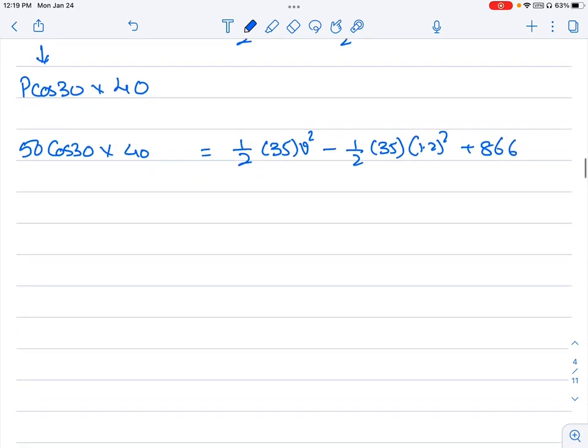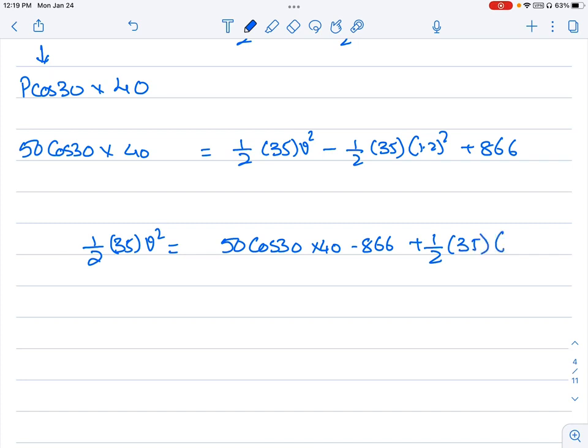So I want the value of v over here. 1 upon 2, 35 times v squared is equal to 50 times cos 30 times 40 minus 866 plus 1 upon 2, 35 times 1.2 squared.